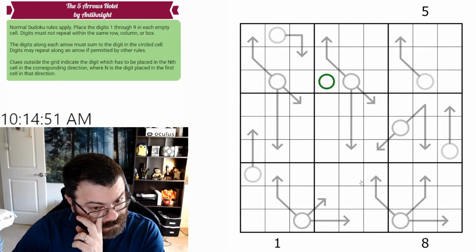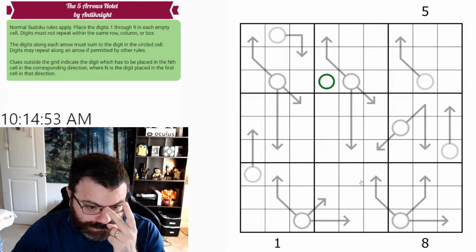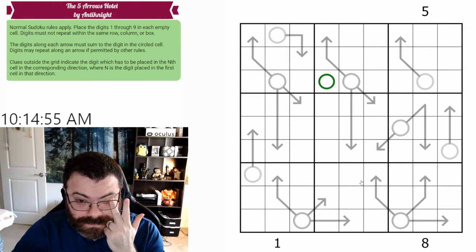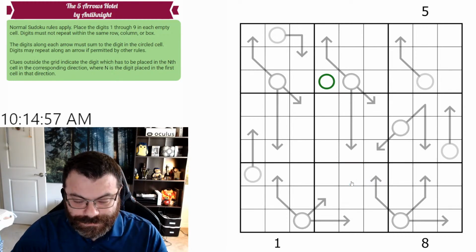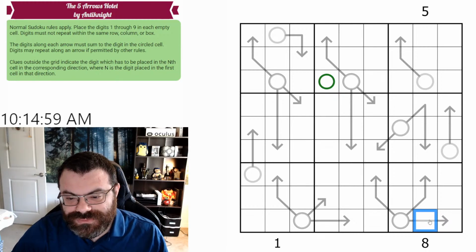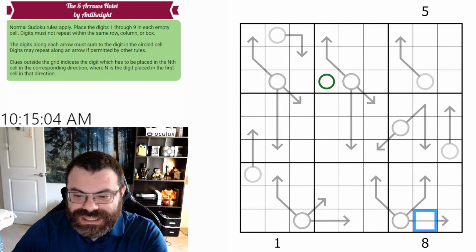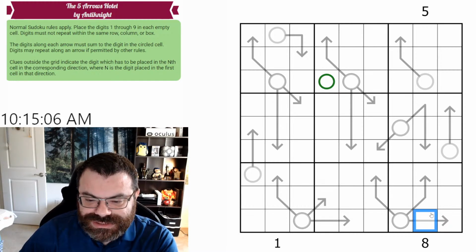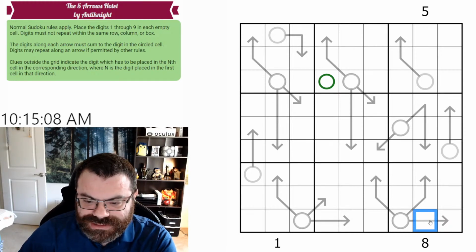Alright. How do I want to get started? Well, this 8, this can't be a 1, because that 1 would also say put an 8 there. This could be 2 or 3.